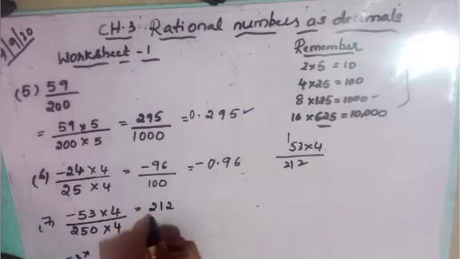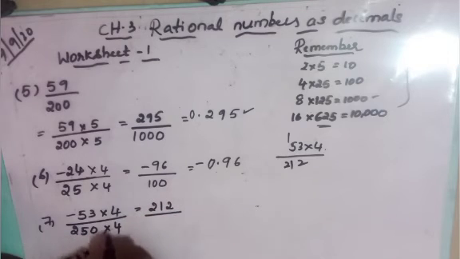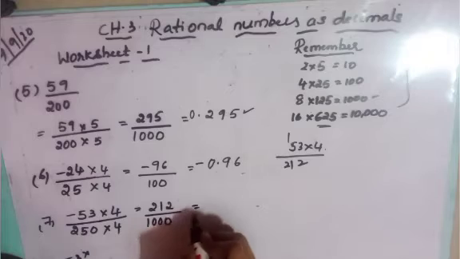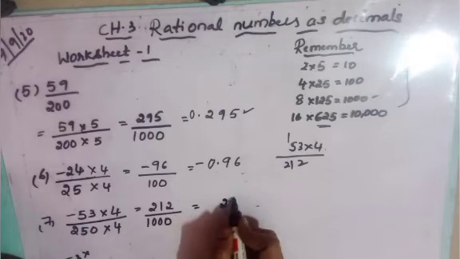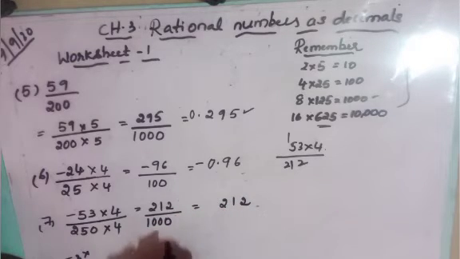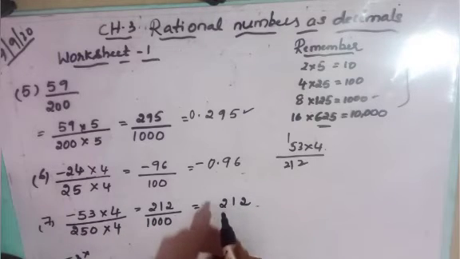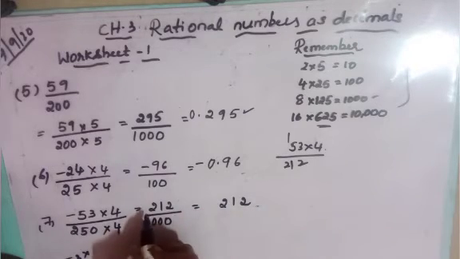So 212 divided by 250 into 4 is 1000. So write here 1000. So we'll get 212 divided by 1000. So write the number as it is, 212. See the denominator has 3 zeros. So 3 digits, and there are already 3 digits.